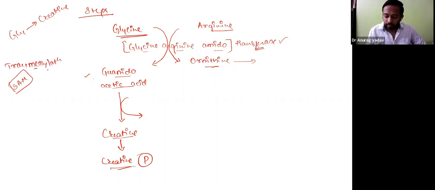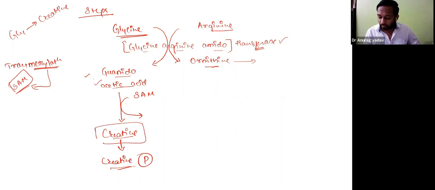The transmethylation reactions are primarily dependent on one amino acid, that is methionine, and specifically S-adenosyl methionine, that is SAM. So this SAM comes into the picture here. S-adenosyl methionine donates the methyl group to guanidinoacetic acid to synthesize creatine, and SAM becomes SAH, S-adenosyl homocysteine.